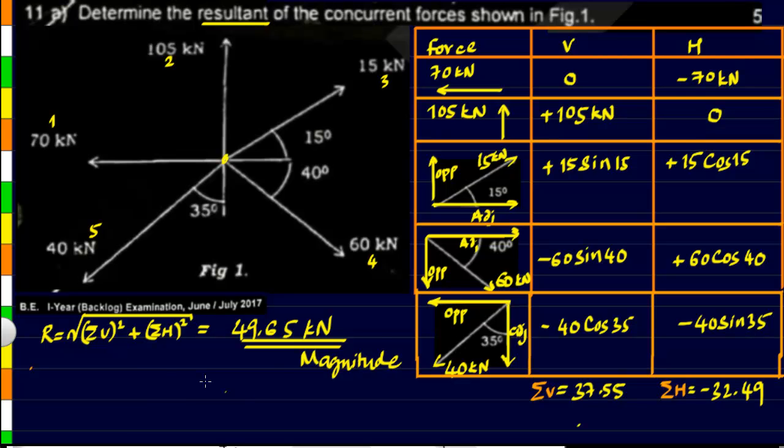Now, because force is not just a scalar quantity, we'll also need direction for this. The formula for direction is in terms of the angle alpha from the horizontal, and that is tan inverse of sigma v by sigma h. So let me proceed again.